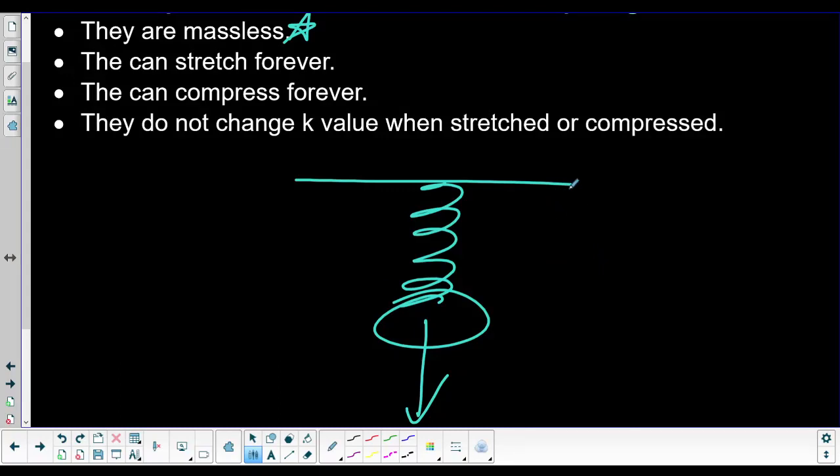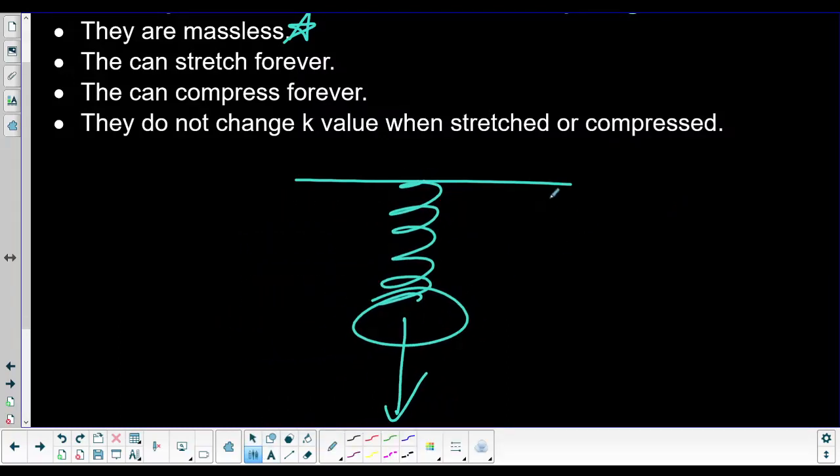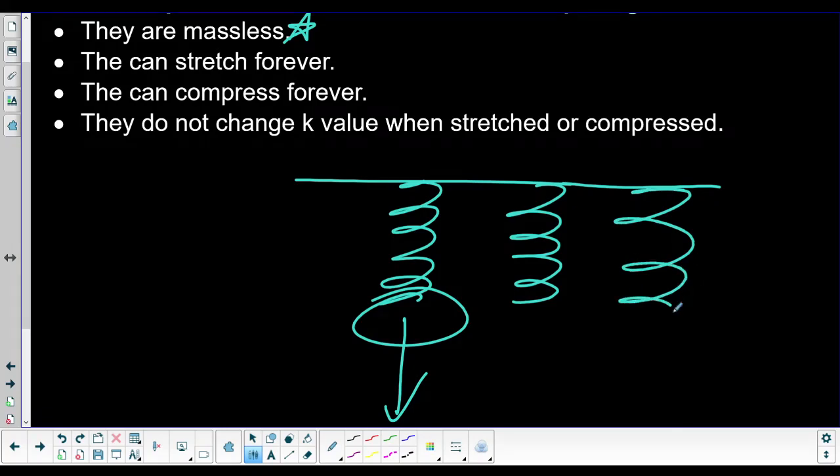If you have a heavy spring that has a resting length, or equilibrium length, and you just hold it by one end and let it dangle, a lot of times that spring will stretch out a tiny bit because of its own weight.